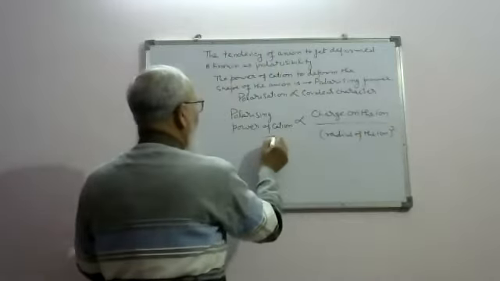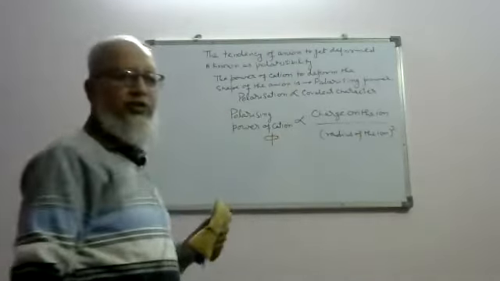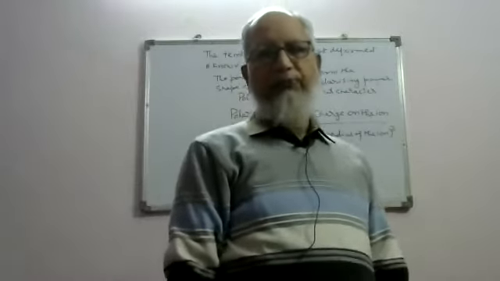This is represented by phi. So phi represents the polarizing power of the cation.